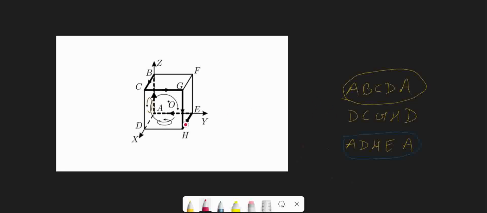Then you can see our contour D C G H D. It has produced a magnetic field in this direction, same magnetic field B naught, and our final contour, that is ADHEA, has produced the same magnetic field B naught in this direction. So all three contours produce magnetic fields of the same magnitude in mutually perpendicular directions.